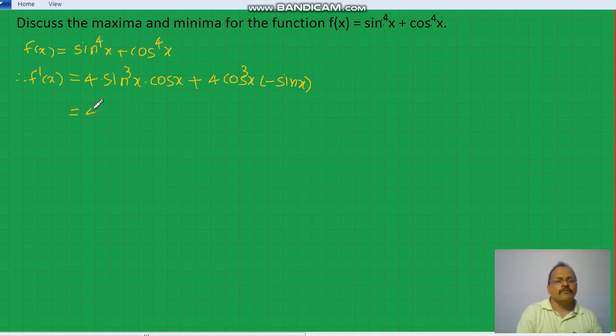Take 4 sin x into cos x common. Inside the bracket there will be sin square x minus cos square x.